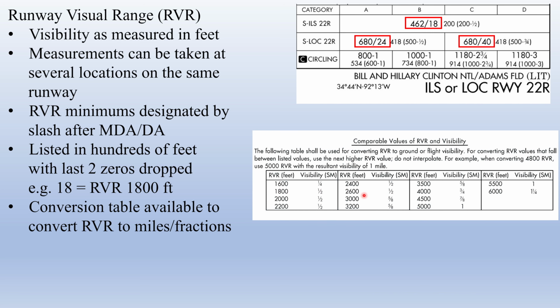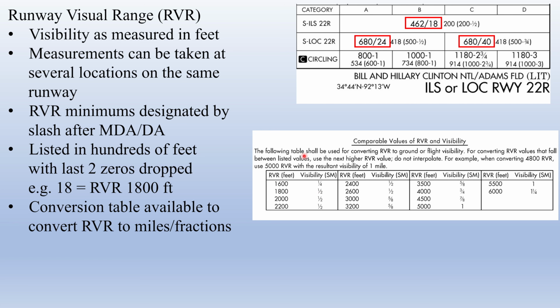For example, 2,600 feet is actually the closest to half a mile, but they also allow you to call 2,400 RVR half a mile, all the way down to 1,800 feet. They allow you to call it half a mile, even though 1,800 feet in reality is closer to 3/8 of a mile. So you can use this table if you have the minimums in RVR to convert them to what the statute visibility is at that airport and whether or not you can shoot that approach and land from that approach.